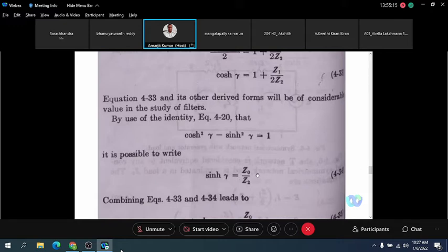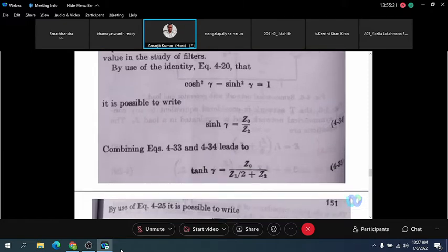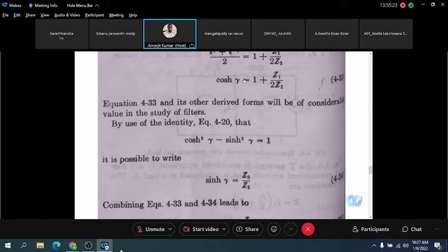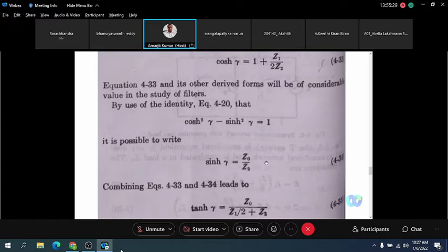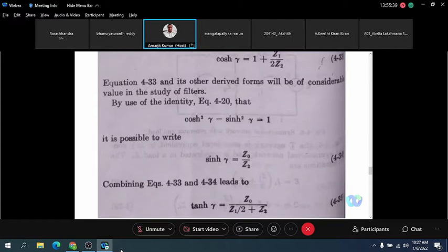So you can write Z0 upon Z2, or write in terms of Z1 and Z2 alone. What will be tanh gamma then? Cosh and sinh are there, so what will be tanh? Tanh gamma will be equal to Z0/Z2 divided by (1 + Z1/2Z2).